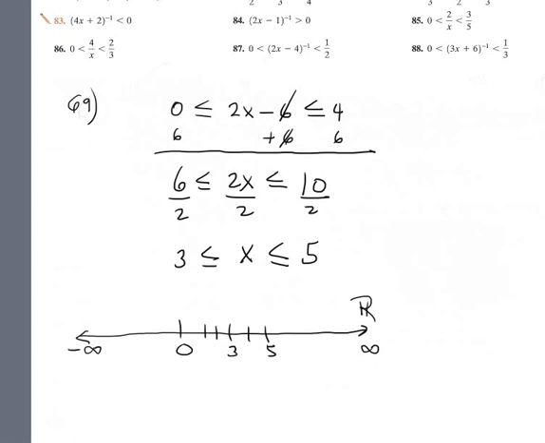Okay, the bunch of values in between 3 and 5 include both endpoints 3 and 5. Now in interval notation it is bracket 3, 5. The set notation is the values of x that satisfy this condition: x between 3 and 5. That's it.